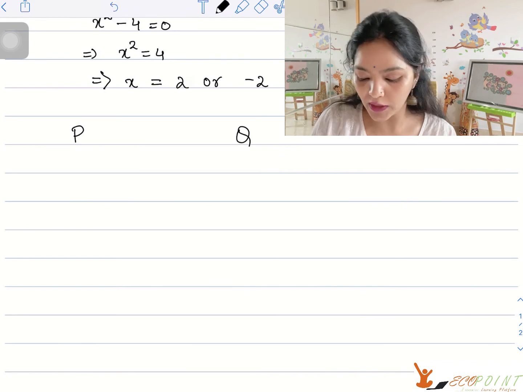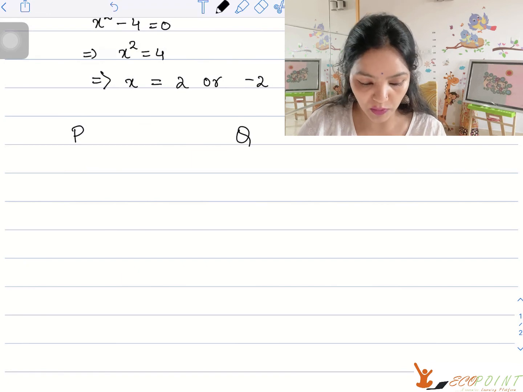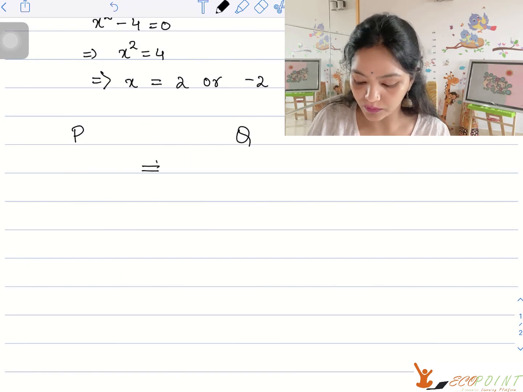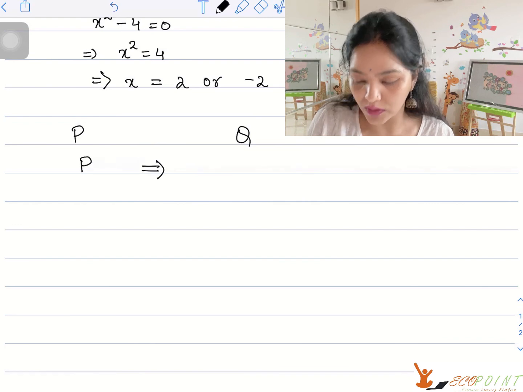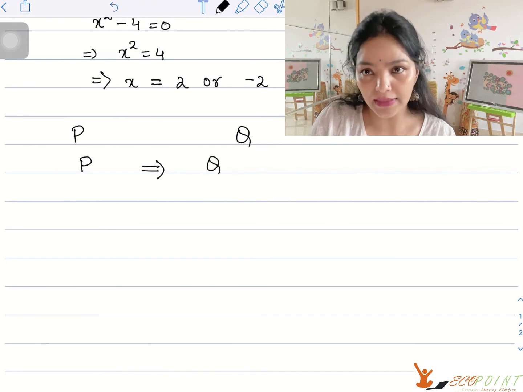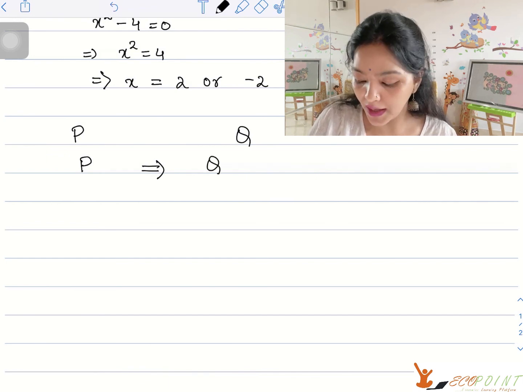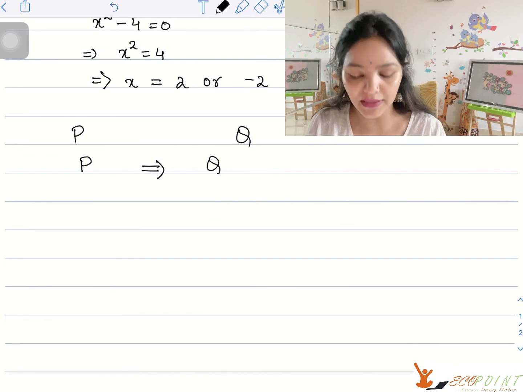So suppose we have two propositions, P and Q. Here we are talking about implication. We say that a proposition P implies another proposition Q. What does it actually mean?